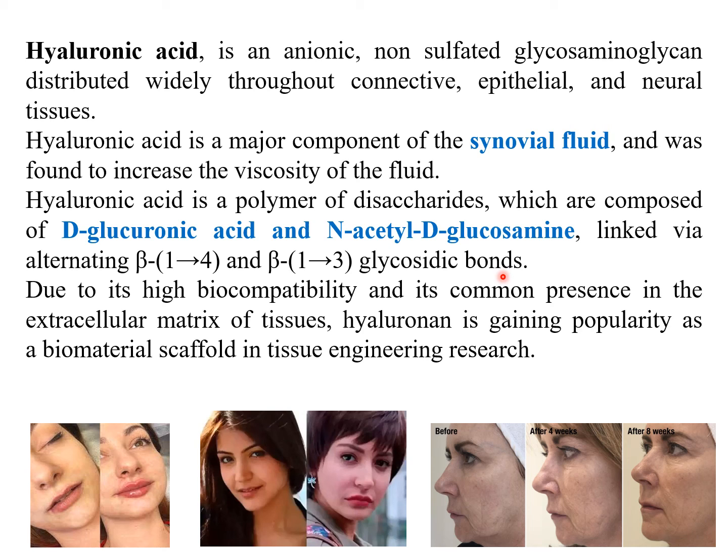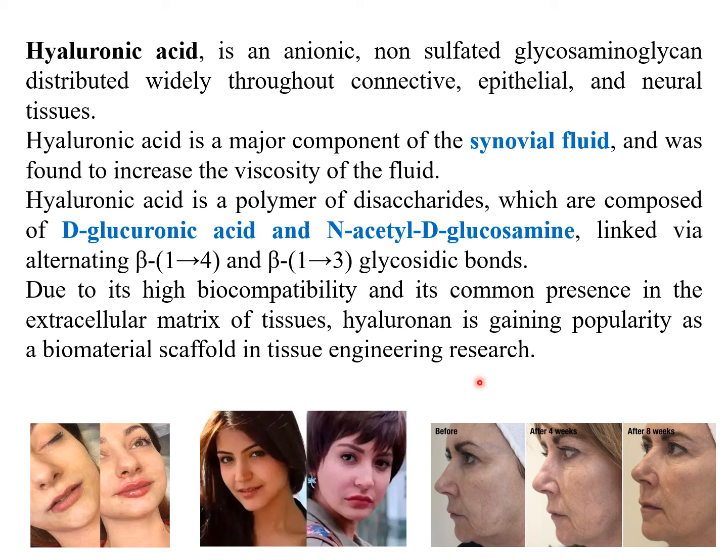Next, due to its high biocompatibility and its common presence in the extracellular matrix of the tissue, hyaluronan is gaining popularity as a biomaterial scaffold in tissue engineering research. Here, these are naturally available polymers, so they will not do any harm.